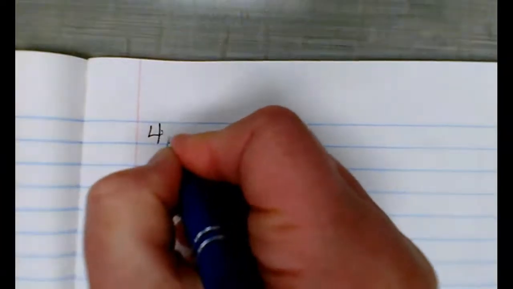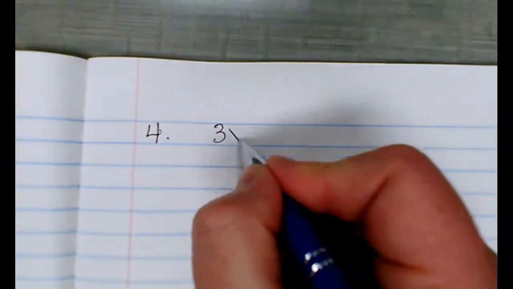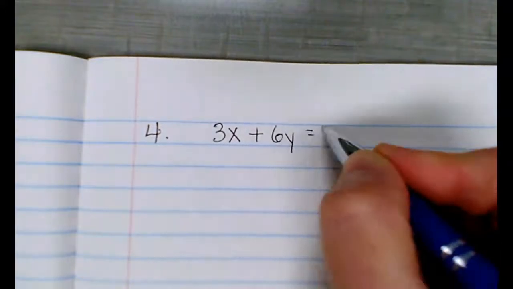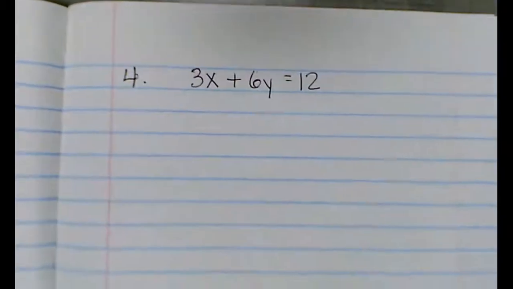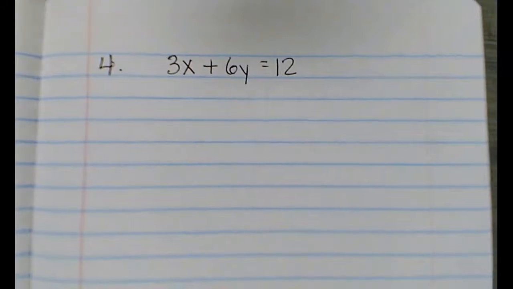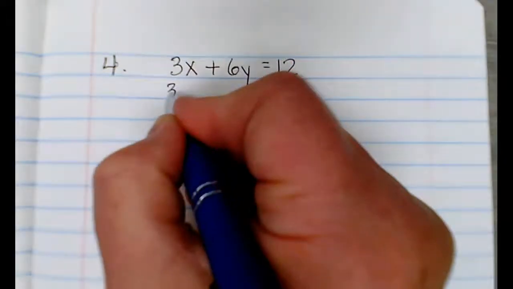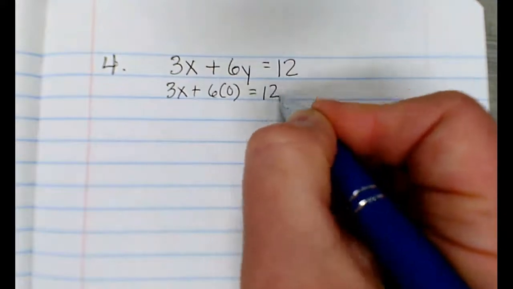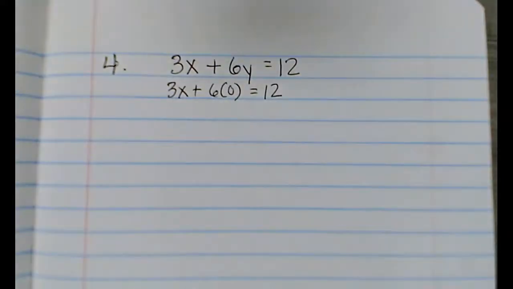Example number 4. This is in standard form. To find the x-intercept, you let the y be equal to 0. What's 6 times 0?